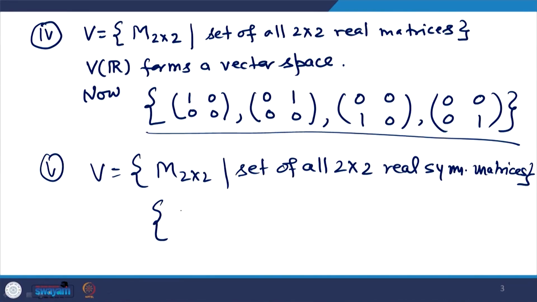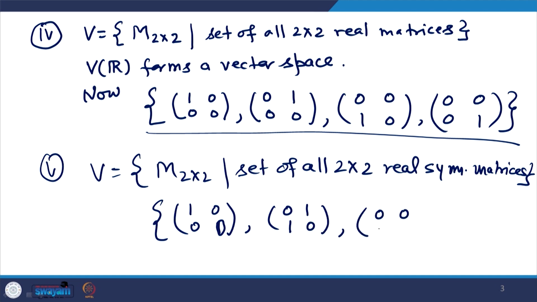One of the possible bases will be given as [1 0; 0 0], [0 1; 1 0] and [0 0; 0 1], because this is the space of symmetric matrices, so these two off-diagonal elements will be equal for the matrix to be symmetric.